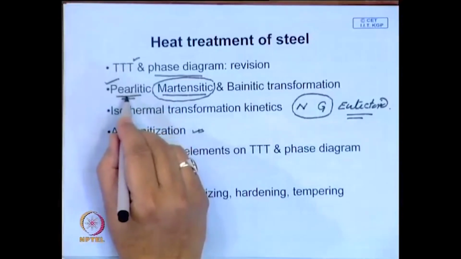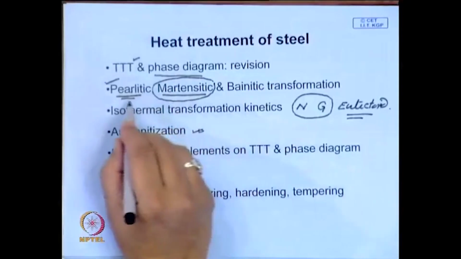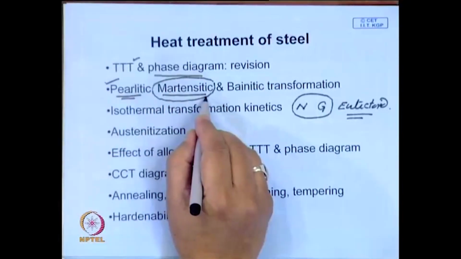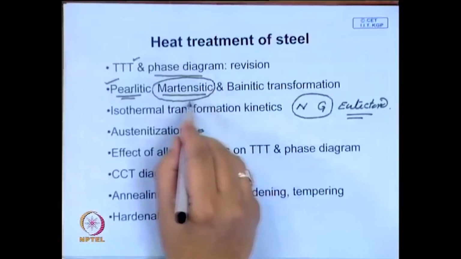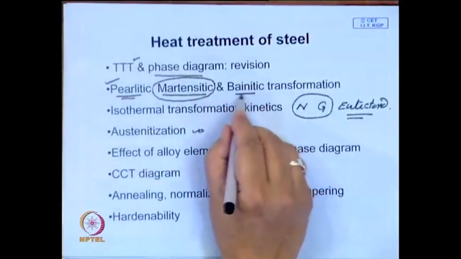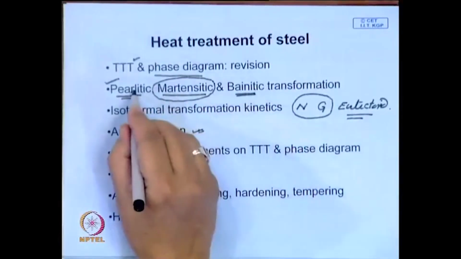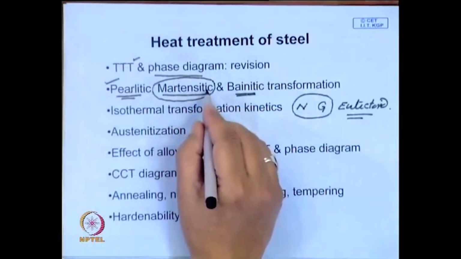Here, in pearlitic transformation, you have very long range diffusion, and this is controlled by nucleation and growth. In the other extreme case, there is no diffusion; it is a diffusionless transformation. We will see how this takes place a little more critically today, whereas bainitic transformation has certain features which match with pearlitic, and certain features of morphology which match with martensitic.